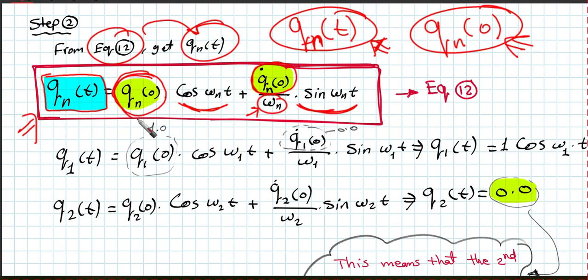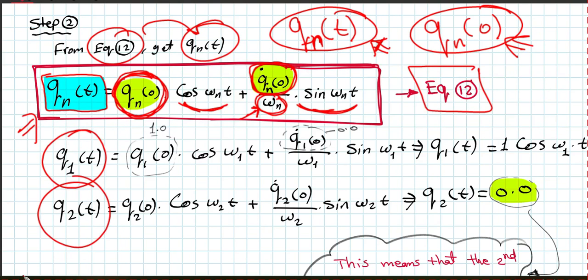So it has the contribution from both parts: the initial displacement vector represented by Qn node, the initial velocity vector represented by Q dot n node, the natural circular frequency of the mode shape, and the sinusoidal function. This is equation 12. If you don't know how we obtained it, please visit the previous lecture.